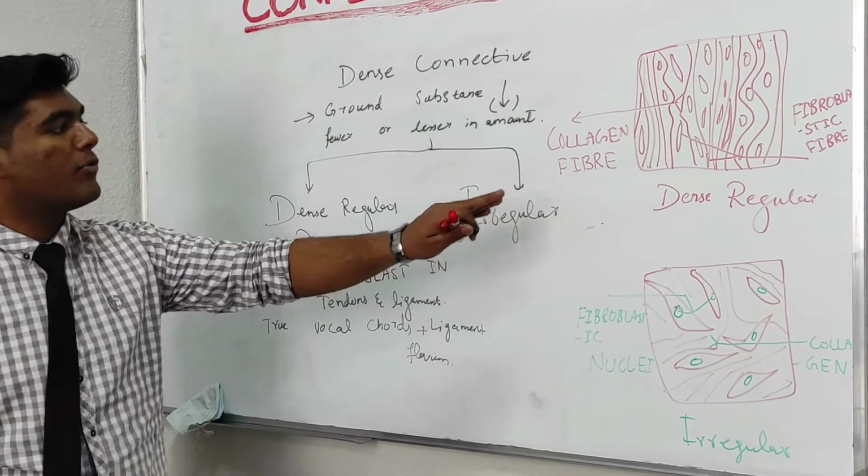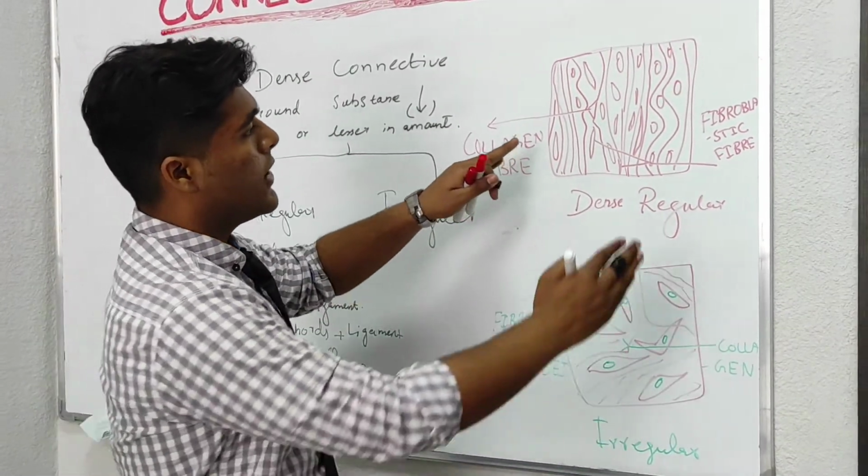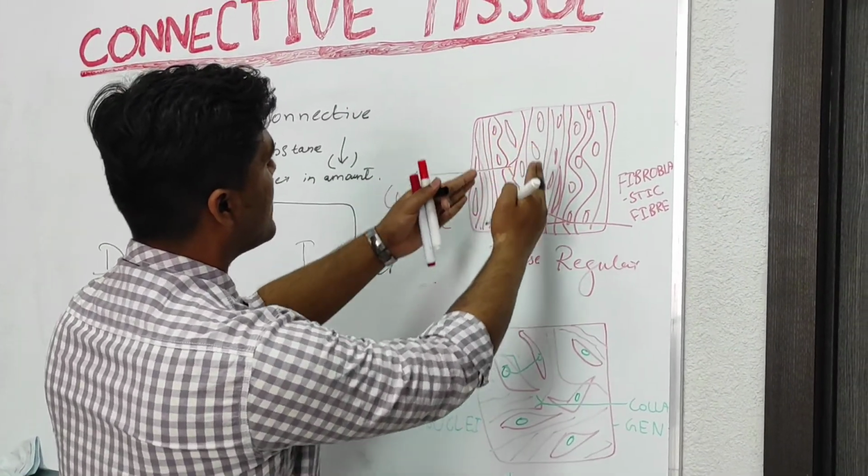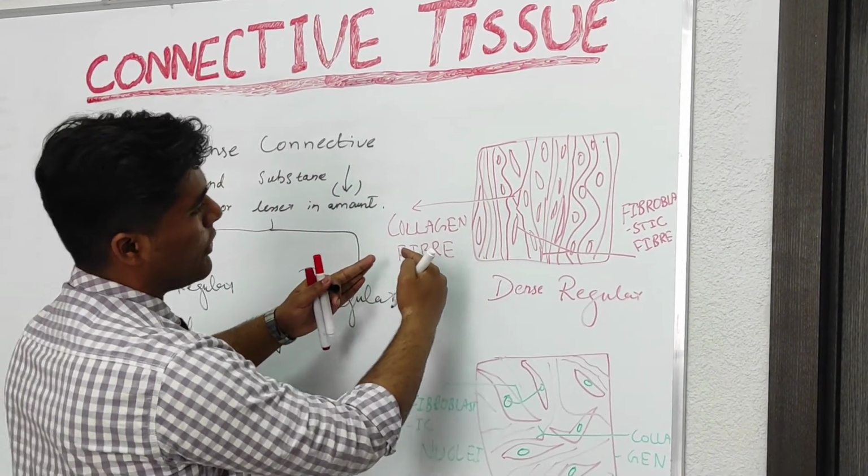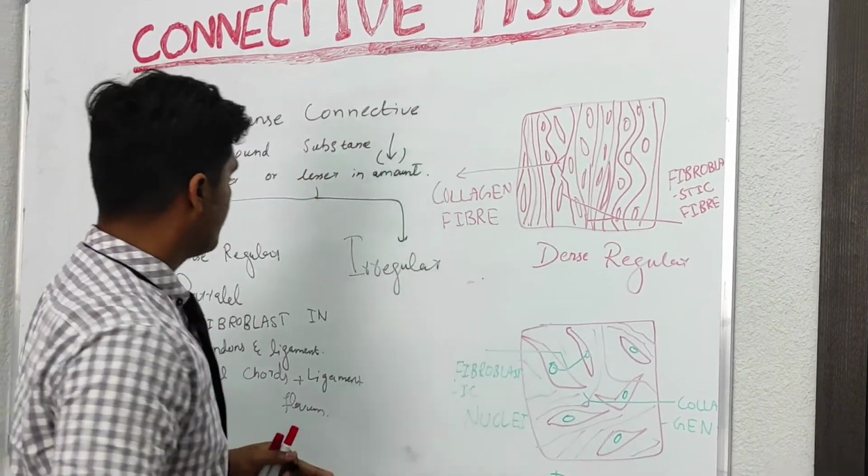Here we have the diagram of dense regular connective tissue. You can clearly see that the fibers are arranged parallel, with collagen and fibroblasts.